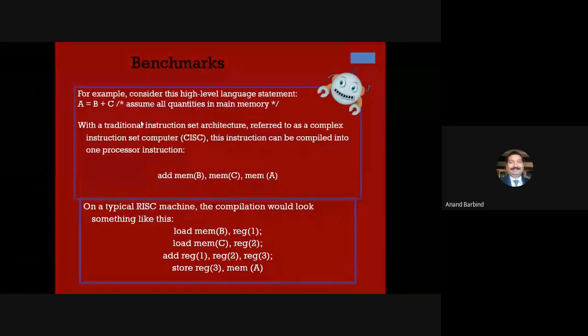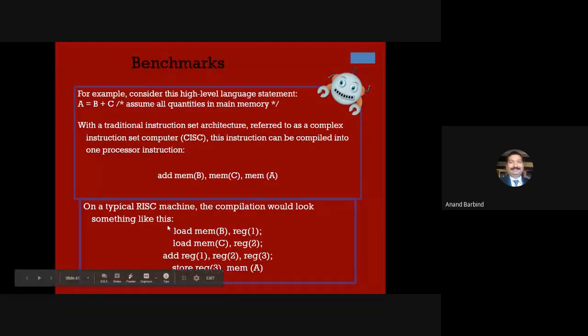So one instruction of the CISC type of processor is equivalent to four instructions of the RISC type of processor. So you cannot just compare a CISC computer with a RISC computer based on FLOPS, MFLOPS, MIPS rate, or CPI, that is cycles per instruction, because the instructions of CISC are complex, whereas the instructions of a RISC processor are simple.